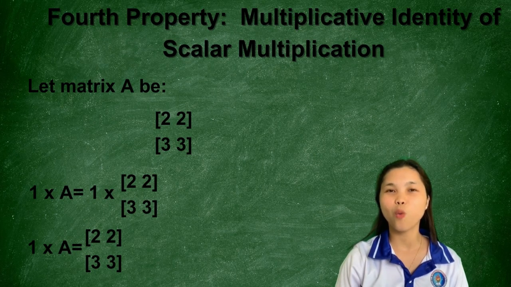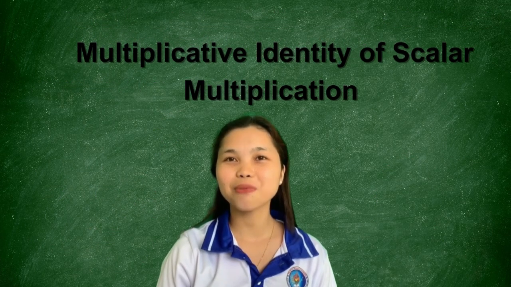Then, 1 times 3 is equal to 3. Also, the other one is 3 as well. As you can see, every element in the matrix stays exactly the same. Multiplying by 1 keeps the matrix unchanged.